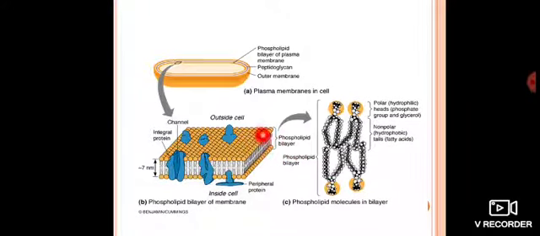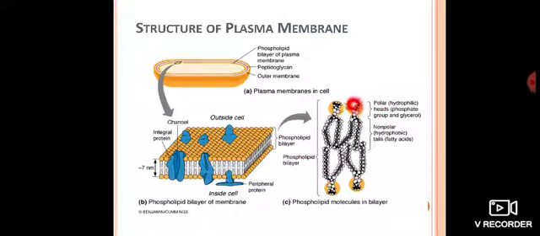So this is the bilayer. Now how are they arranged? In this diagram we can observe the bilayer. The yellow spheres, then the cylindrical chains, and again the yellow spheres. Now what is it and how is it termed a bilayer?